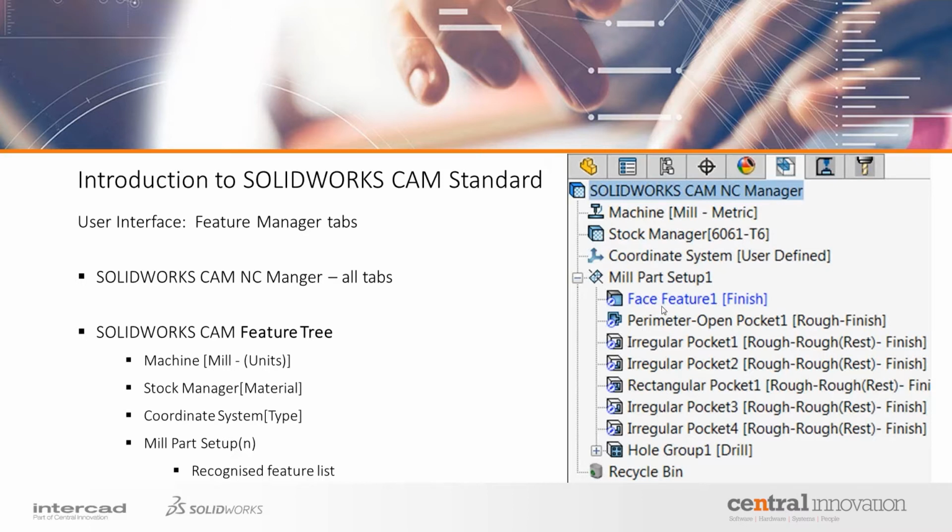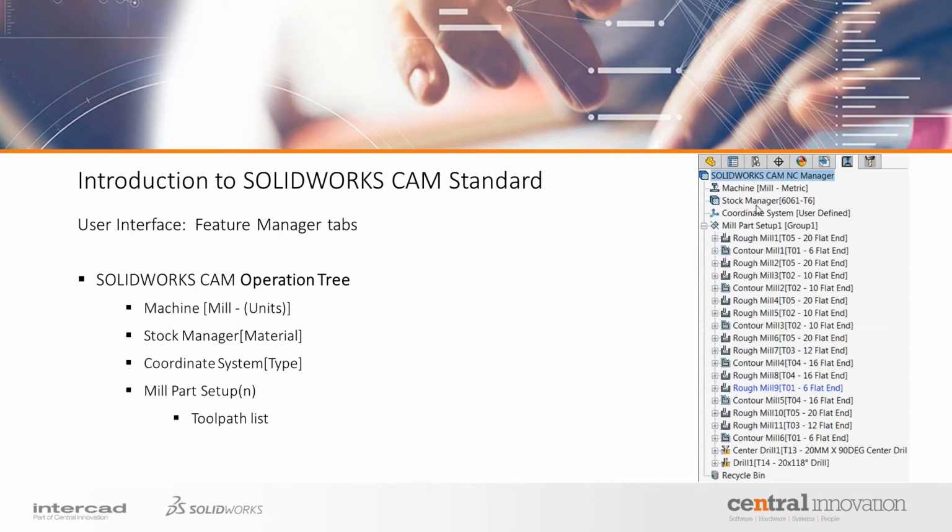So these are the recognized features. There's a face feature, perimeter open pocket, irregular pockets, etc. If I switch back to the operations tree, you'll see that it now shows the operations. If you expand those operations, you would see that the features are actually absorbed in under the operations in that tree.